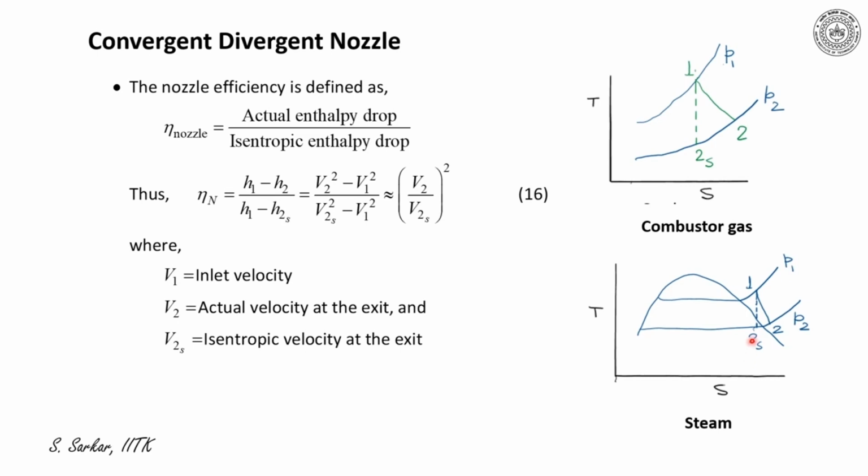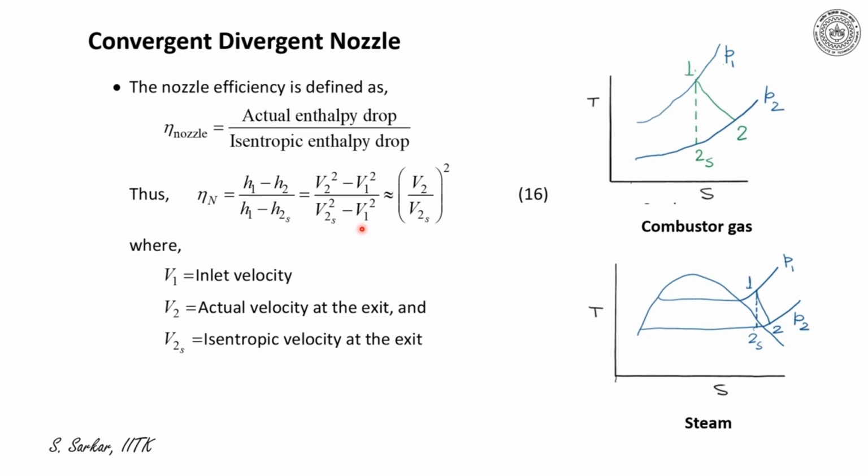Hence, because of friction, dryness fraction is increased apart from the drop in enthalpy. Thereby, I can write nozzle efficiency as actual enthalpy drop divided by isentropic enthalpy drop. Hence, eta n is equal to H1 minus H2 divided by H1 minus H2s, which is equal to V2 square minus V1 square divided by V2s square minus V1 square.